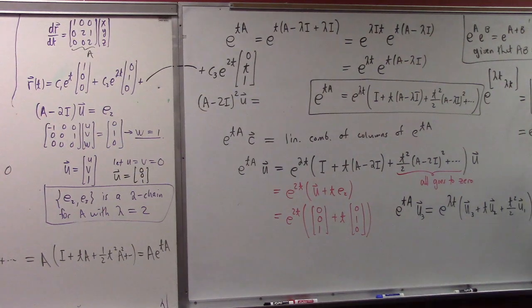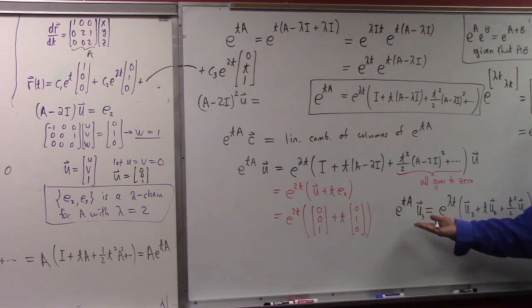If we had (A minus lambda I) u3 equals u2, (A minus lambda I) u2 equals u1, (A minus lambda I) u1 equals 0. So a generalized eigenvector of order 3 for your matrix will generate a solution like this.